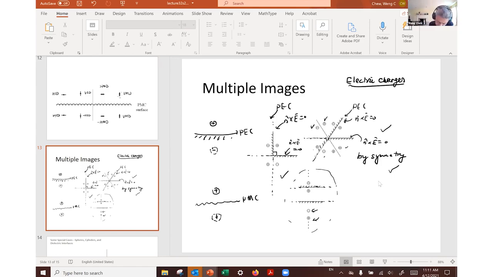Okay, and you can keep putting images up and down. You will find that finally the boundary condition is equal to 0 on both surfaces. Okay, boundary conditions will be 0 on these surfaces. Okay, so this is just a very simple use of image theory.